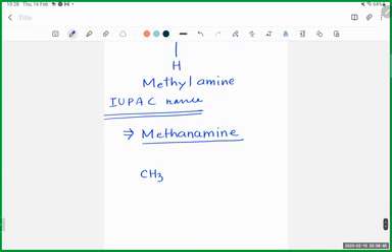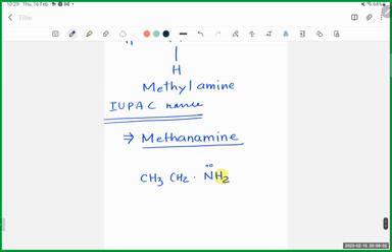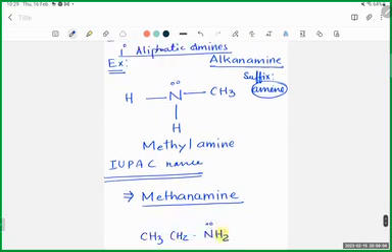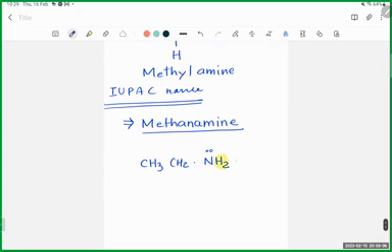Next compound, I can write like this, right? In a condensed form. What you need to focus on: next to nitrogen, how many hydrogens are present? If it contains 2, then it belongs to the same category, 1 degree aliphatic amines. Clear? You are able to identify this is 1 degree aliphatic amine. Why? Because the nitrogen has 2 hydrogens.